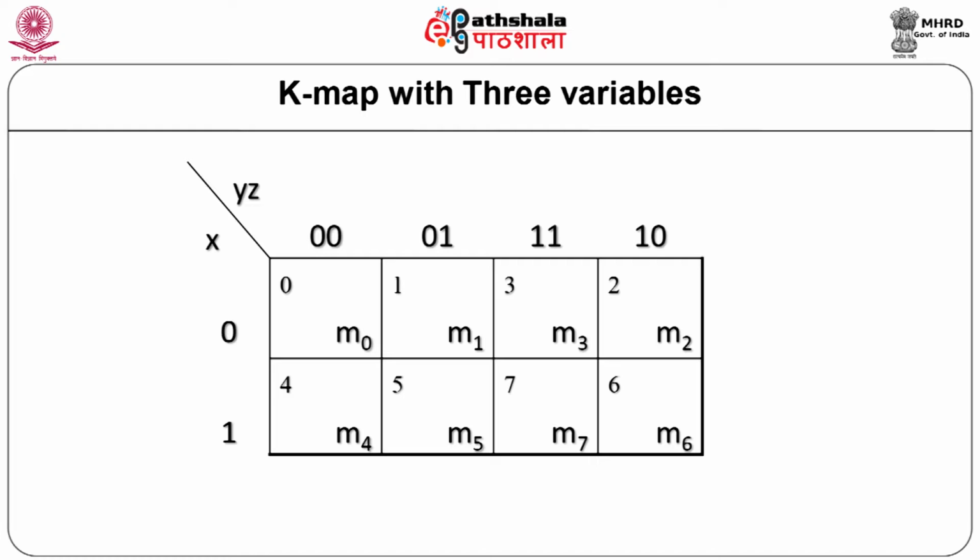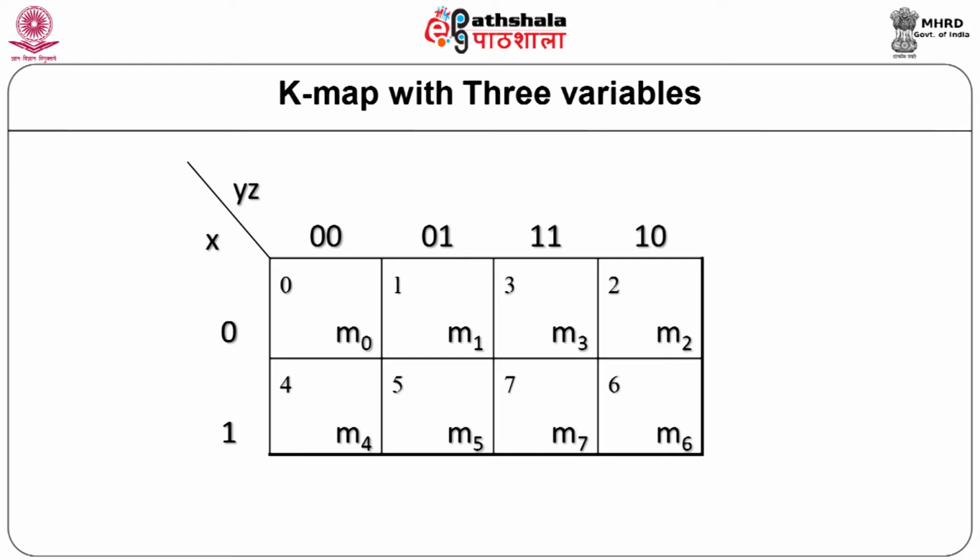Please note that this does not follow the natural binary sequence, but in order to find out the adjacent cell we must follow the gray code for the representation. That is why you can see the third column is 1 1, not 1 0, and similarly the min terms are labeled in the corresponding cells.